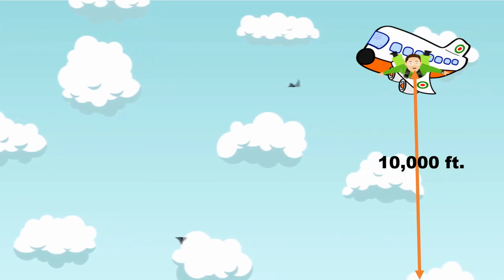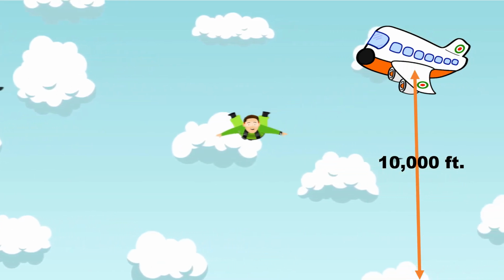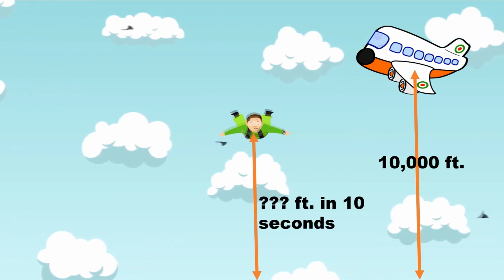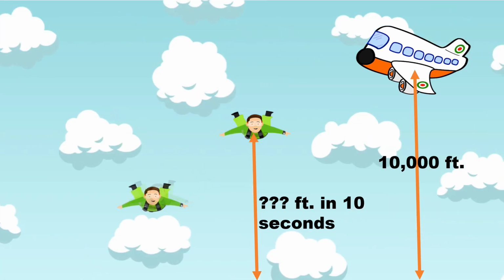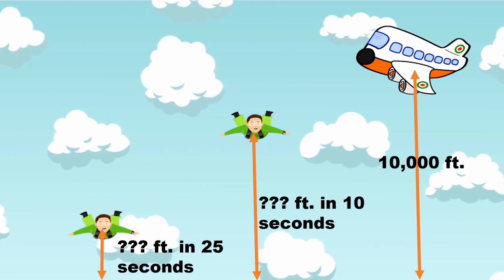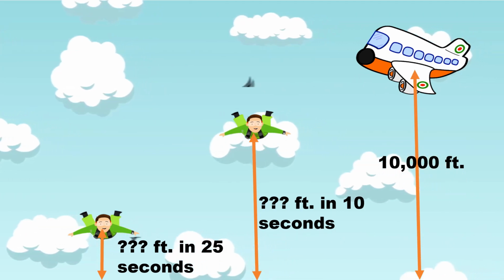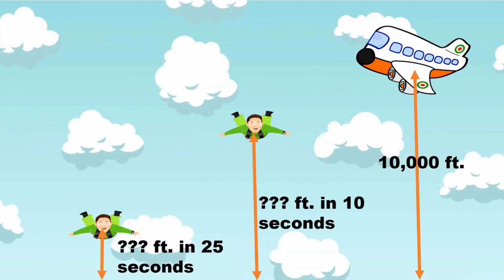We can also illustrate how high is the skydiver from the ground in 10 seconds and in 25 seconds. After illustrating, we will now identify the formula that we can use to solve this problem. Can you still remember the formula?